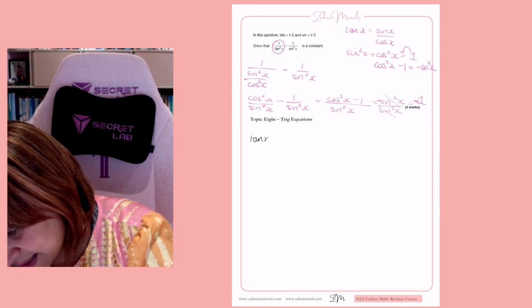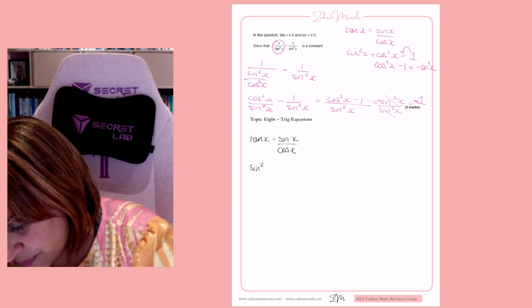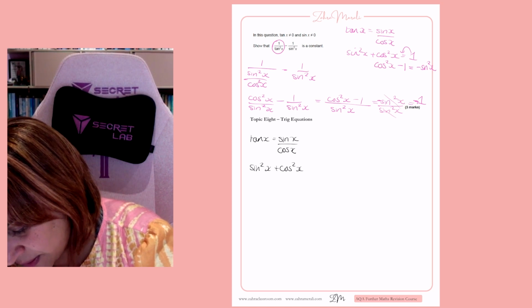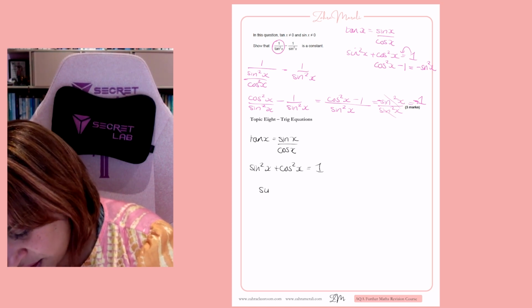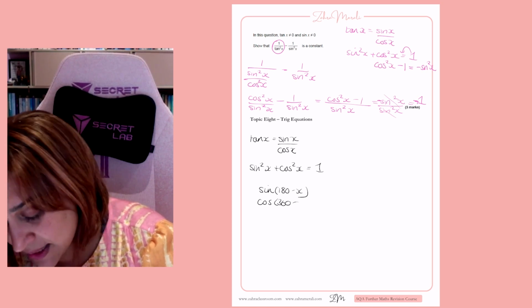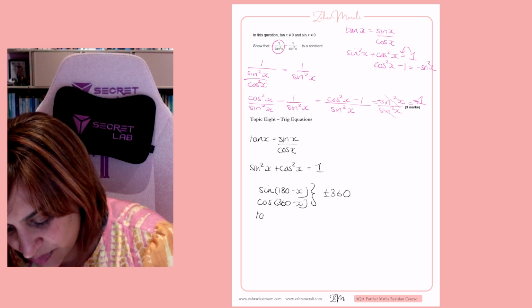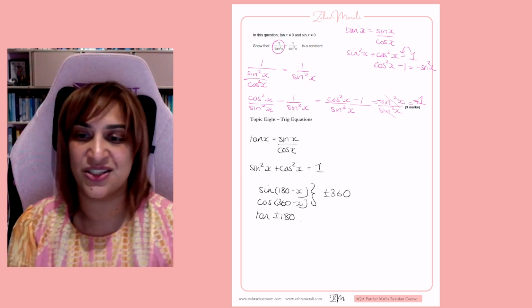So tan x is sine x over cos x, but also we know our 5 rules that help us simplify things. So we've got sine 180 minus x, cos 360 minus x. These repeat every 360. We've got tan plus and minus 180, and so on.